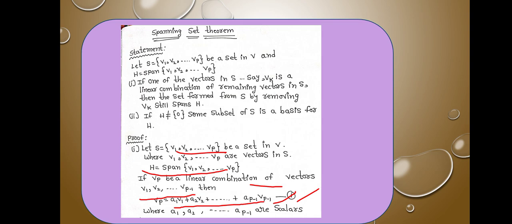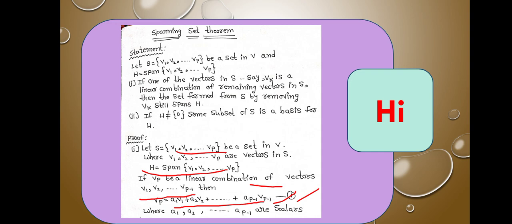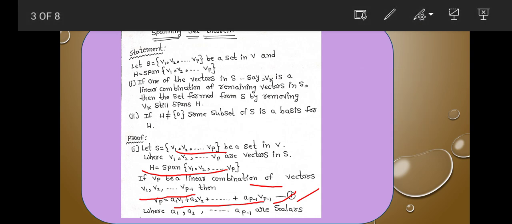So we can write this as A1 V1 plus A2 V2 so on up to Ap Vp. That is nothing but a linear combination. Span means linear combination of the vectors. So this only I wrote in the next step.